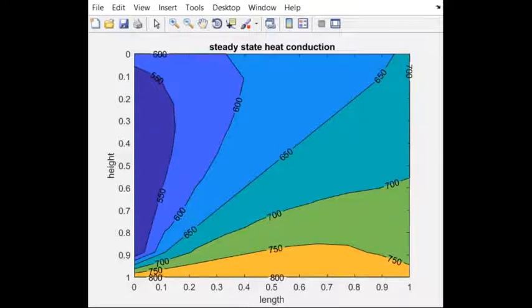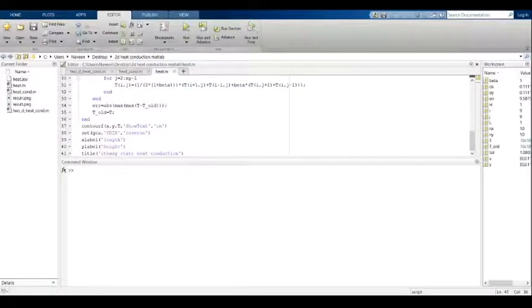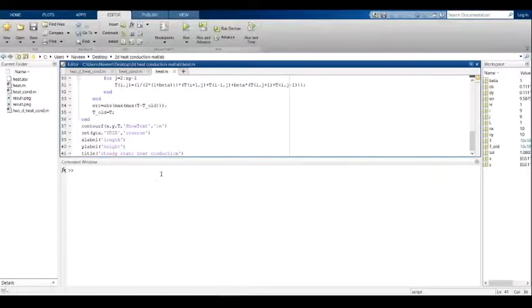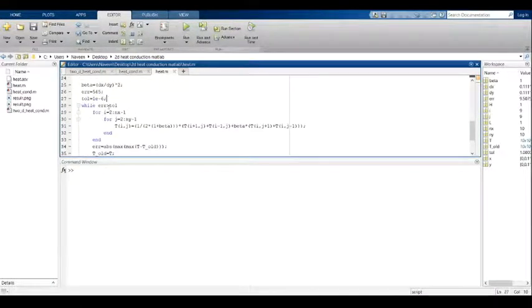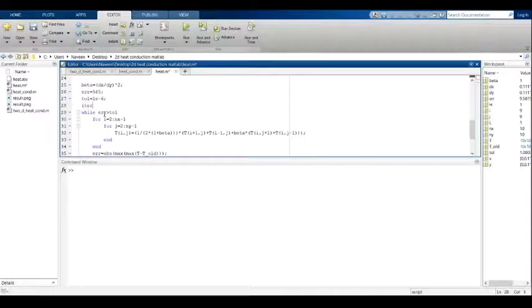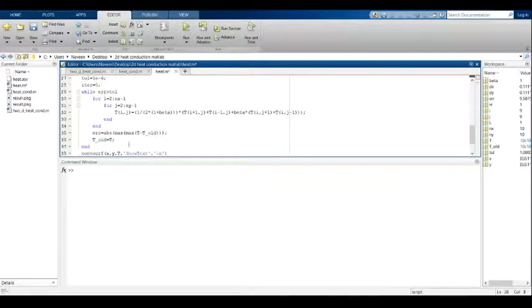So I want to include the number of iterations, how many iterations it has taken to solve this equation. For that I am just giving iter equals 0, iter equals iter plus 1.